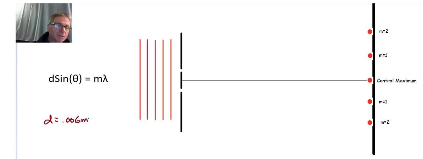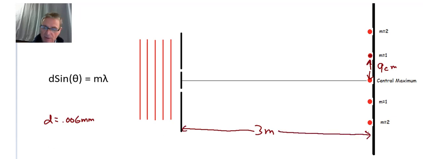Okay, so that's the opening between the slits in the diffraction grating. And the first order fringe over here, so m equals 1, is going to be 9 centimeters from the central maximum. So this height here, we're saying it's going to be 9 centimeters. And we have a screen that's 3 meters away from our diffraction grating. So this distance here is 3 meters.